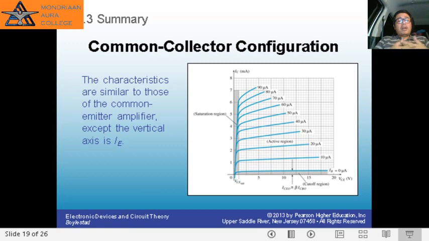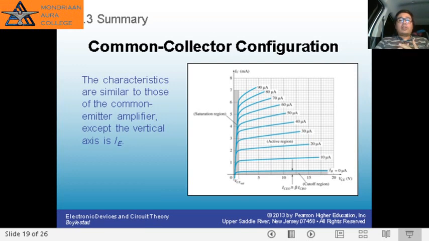Okay? So, halimbawa, ang output natin is supposed to be, let's say, 10 volts. Pero dahil mababa yung ating load, bababa na lang ito sa ating output voltage. So, kinakailangan natin ng device sa pagitan ng amplifier at ng mababang impedance na load. Ito yung tinatawag na impedance matching circuit.